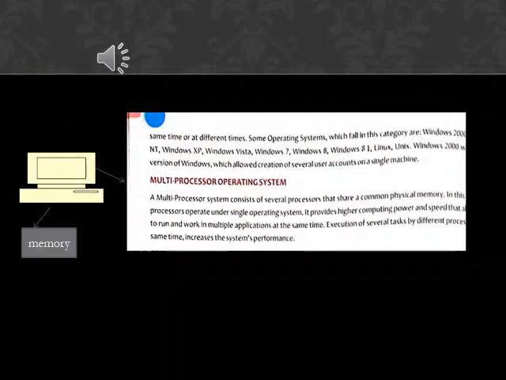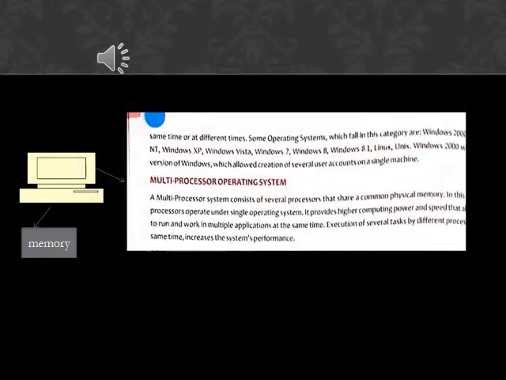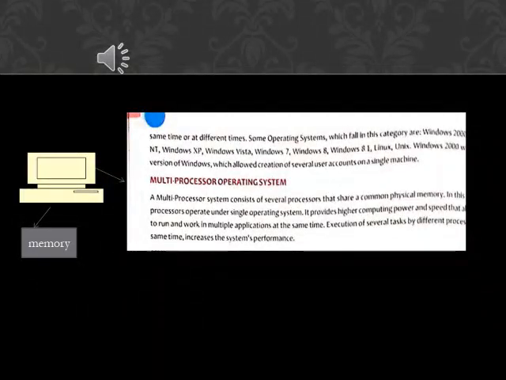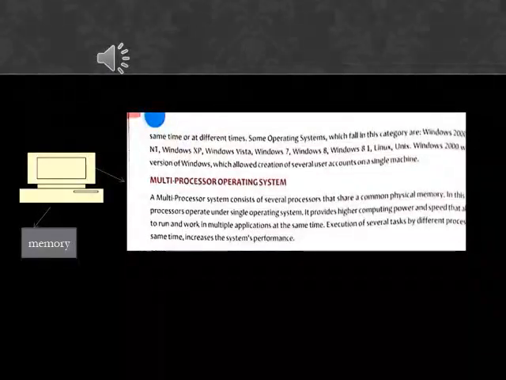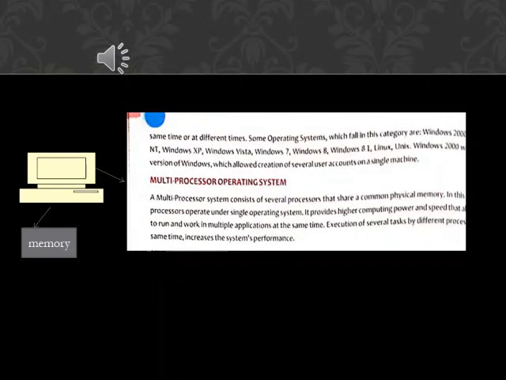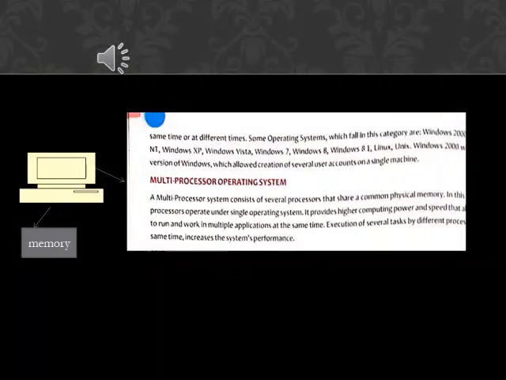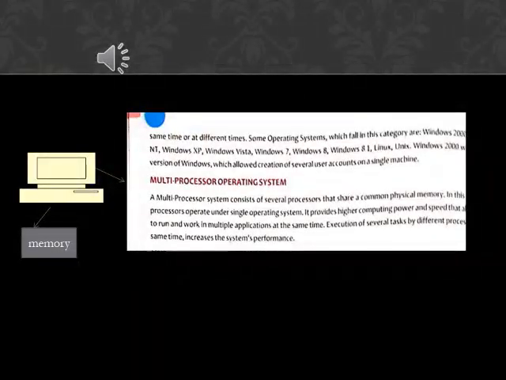Execution of several tasks by different processors at the same time increases system performance. Definitely, with more than one brain present in the computer, performance will increase. This operating system can handle multiple processors, and they share a common physical memory. From the diagram you can understand.